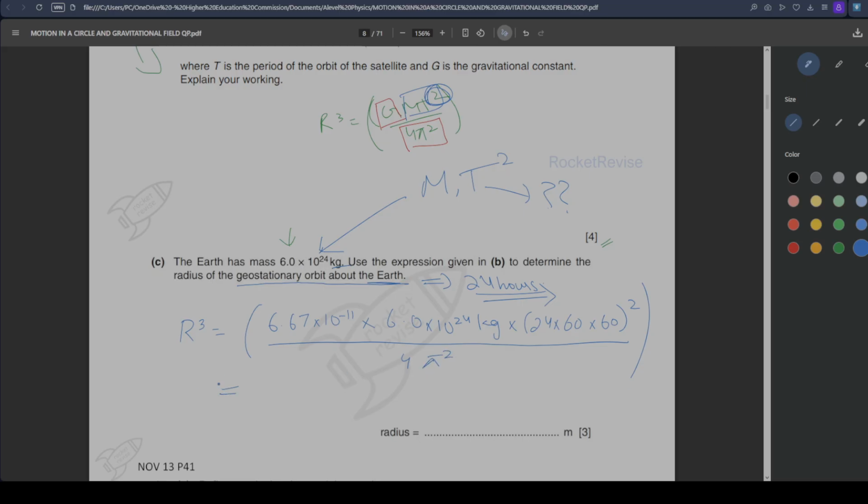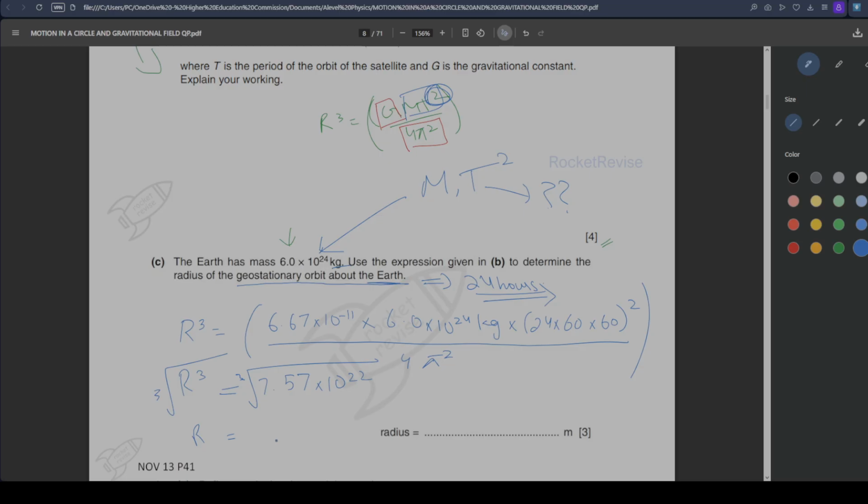ठीक है, let me calculate it. इससे मेरे पास 7.57 into 10 power 22 आ रहा है. अच्छा, okay, so this is our r cube की value. We need to take a cube root of this as well so that we get a value of r, and that's gonna be the cube root answer.